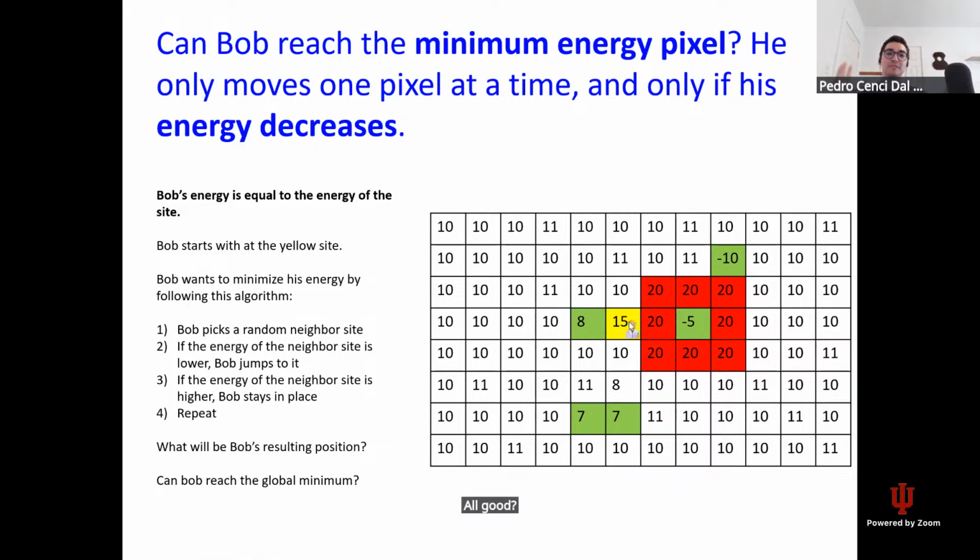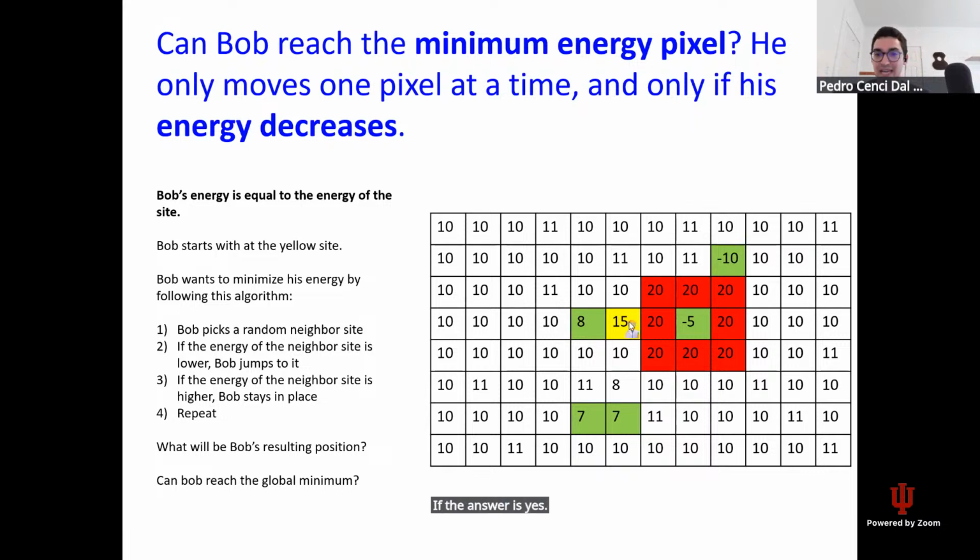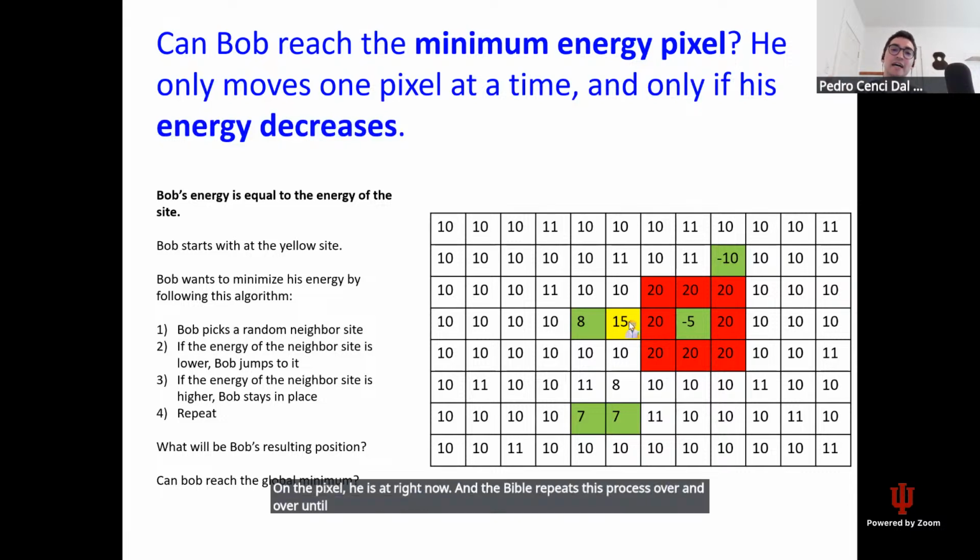Now, Bob will randomly pick a neighbor pixel and ask himself, is my energy going to decrease if I jump to this neighbor pixel? If the answer is yes, Bob will step to this other pixel. If the answer is no, Bob will stay on the pixel he is at right now. And Bob repeats this process over and over until Bob finds himself in a minimum.